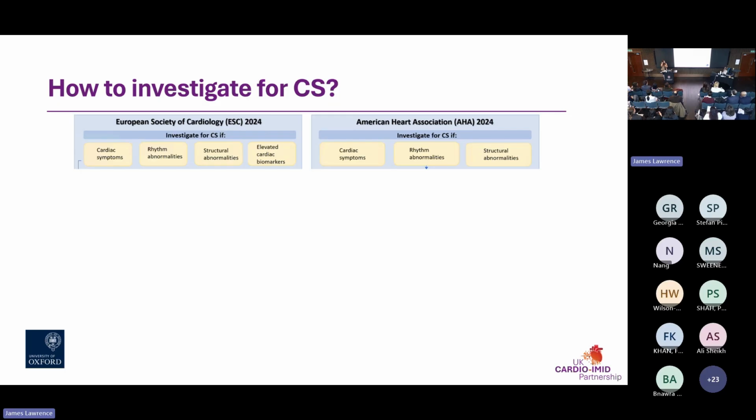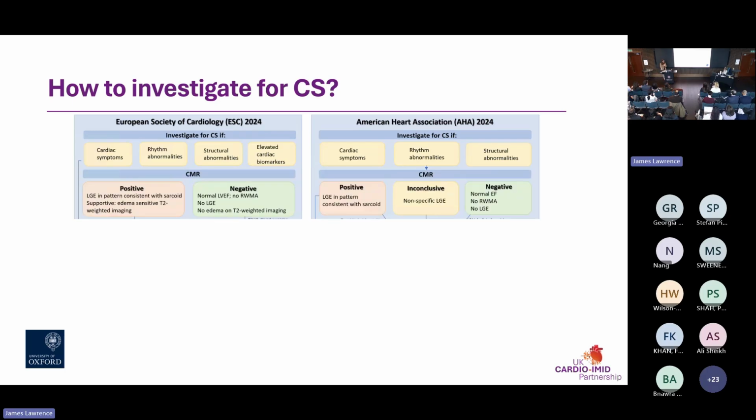So how you investigate for it. The European Society of Cardiology and American Heart Association have both recently come out with guidelines on how to do this. So in patients, for instance, who have got sarcoidosis elsewhere, in those who have got cardiac symptoms or elevated cardiac biomarkers that make you suspicious, you go for cardiac MRI as your first-line test.